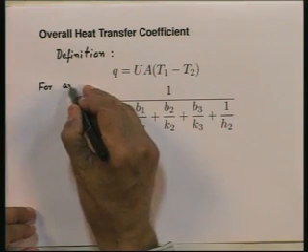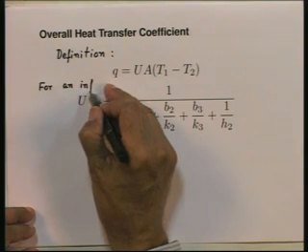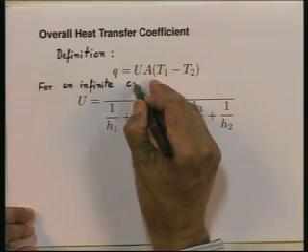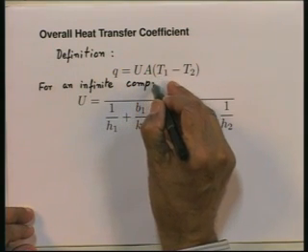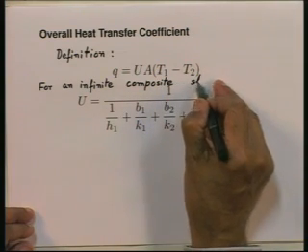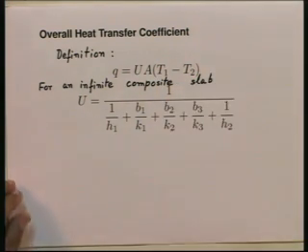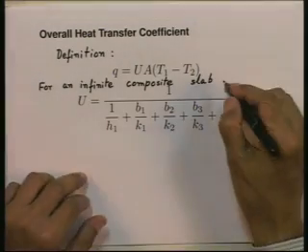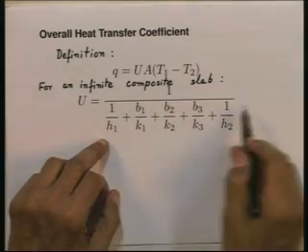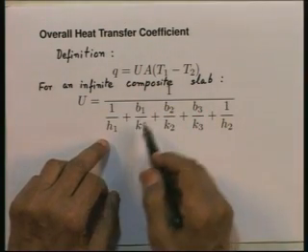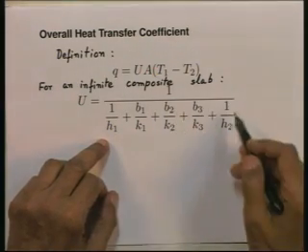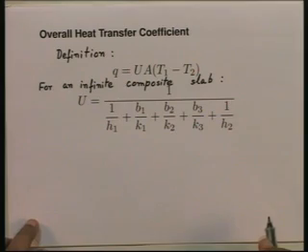for an infinite composite slab the expression for overall heat transfer coefficient will be U is equal to 1 divided by 1 upon H 1 plus B 1 by K 1 plus B 2 by K 2 plus B 3 by K 3 plus 1 upon H 2.